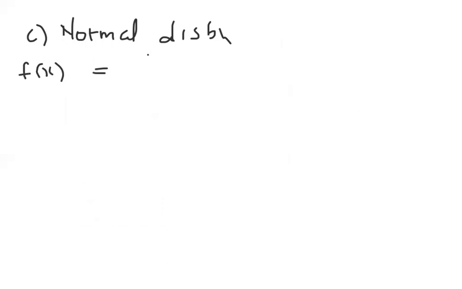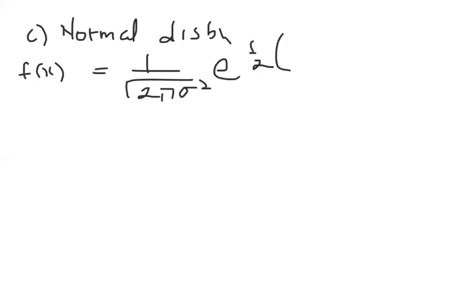The normal distribution takes f of x equals 1 over the square root of 2 pi sigma squared, e raised to negative half times x minus mu over sigma, squared, where sigma is the volatility or standard deviation, and mu is the expectation.